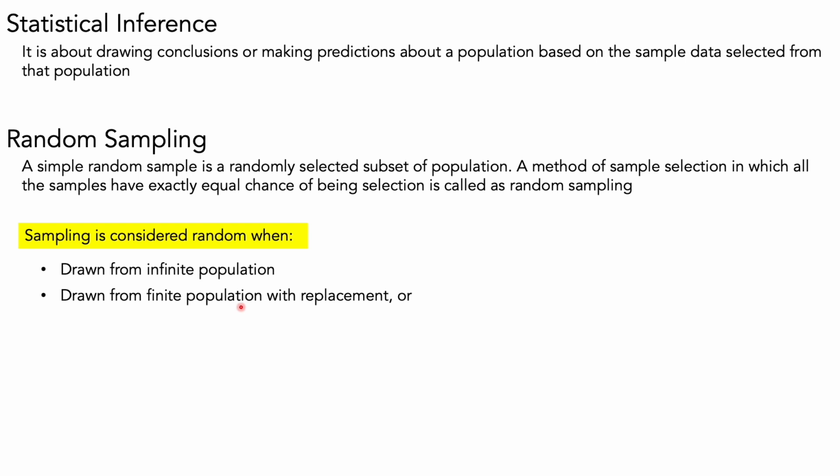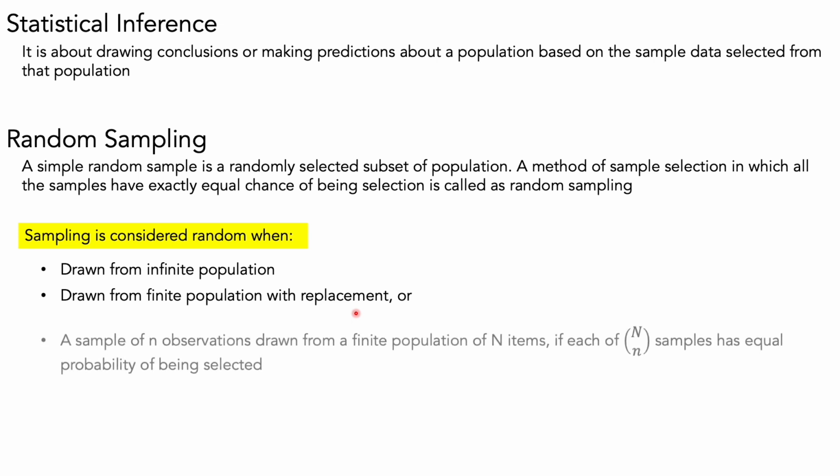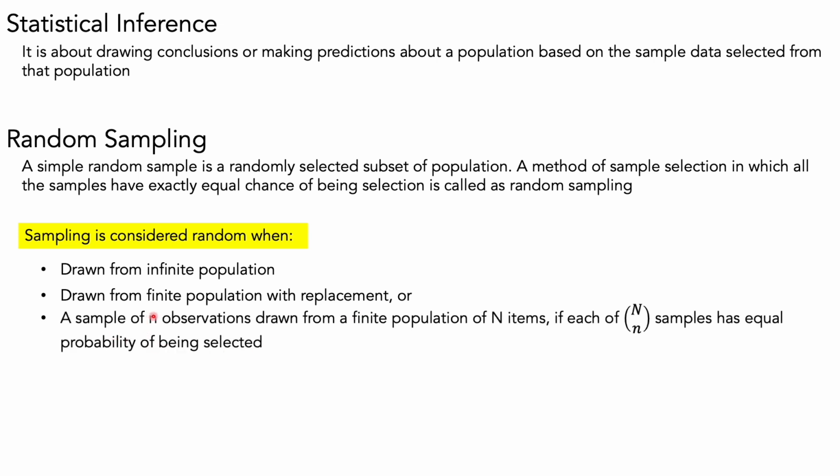So a sample will be considered random when it is drawn from an infinite population, or when it is drawn from a finite population but with replacement, or when a sample of n observations, where small n represents the number of observations in a sample. Like if you remember previously, we saw that x1, x2, x3, x4 until xn are the observations in a sample x.